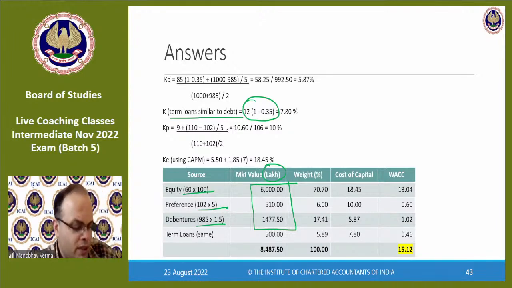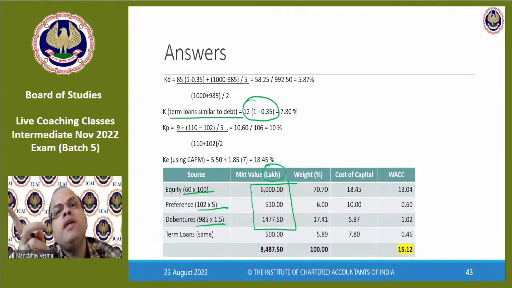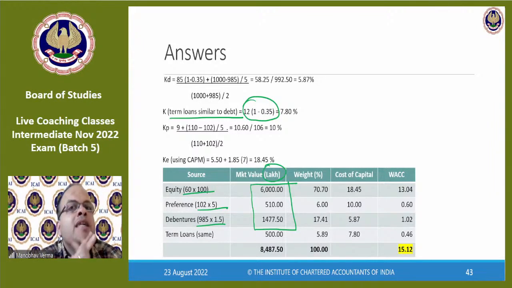Hiral says personal income tax formula. Hiral, you probably joined late. We started our session with personal income tax, where we were talking about 1 minus T into 1 minus F. There we were talking about whenever they give you the income tax and the flotation cost for the cost of retained earnings, you need to think that if those retained earnings were distributed as dividend, the investor would have paid tax on that.